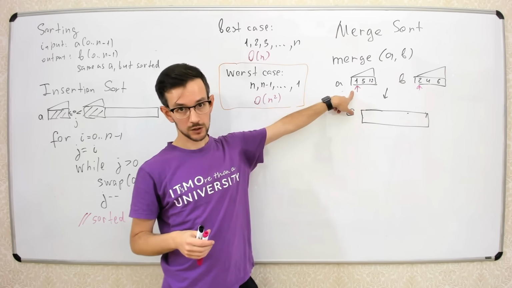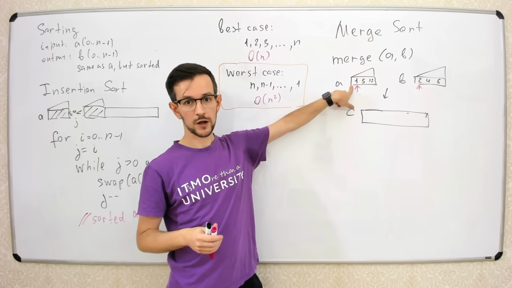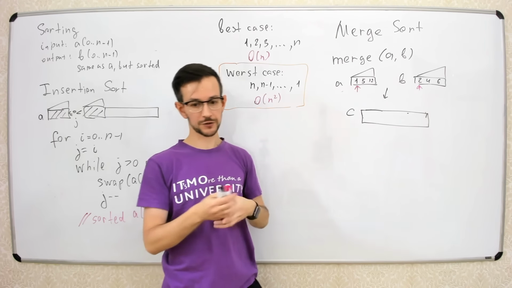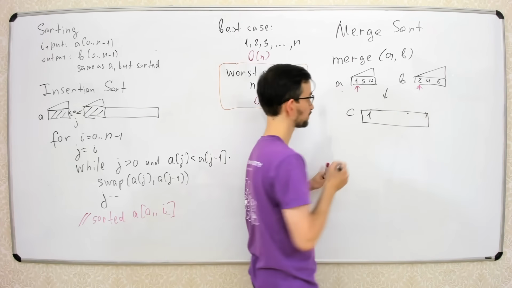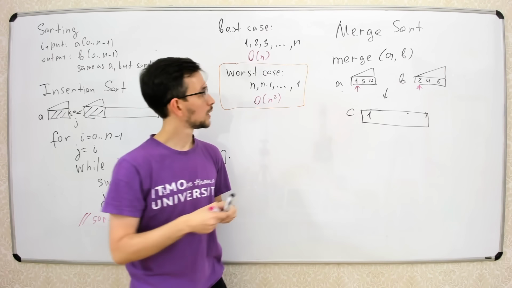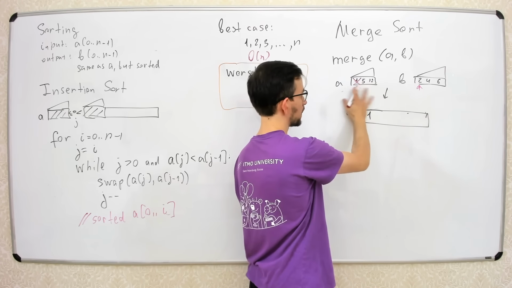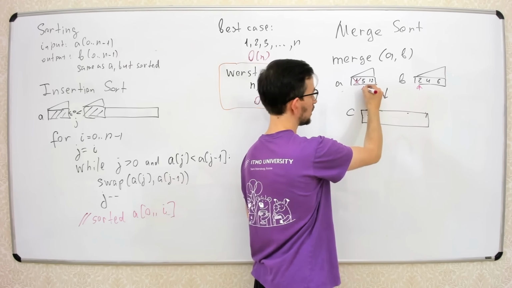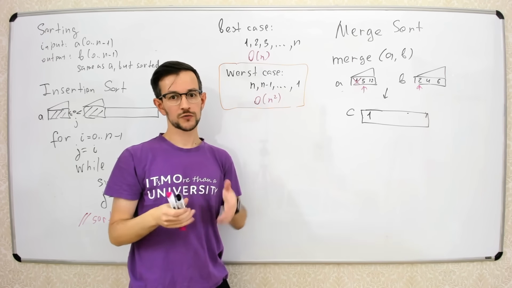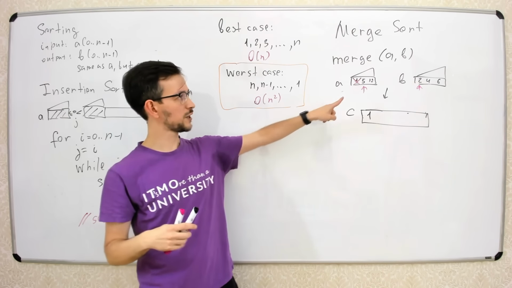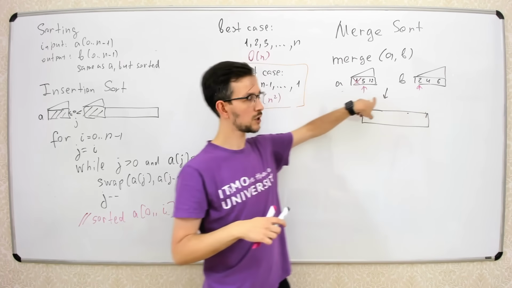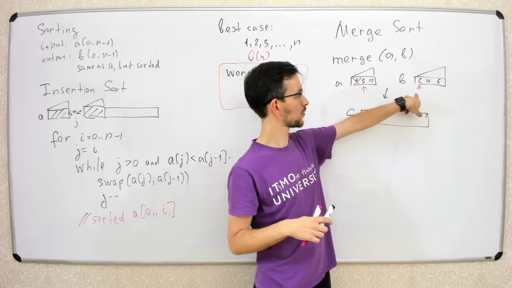It will be 1. We take this 1 and put it in the first position in the result array. Now remove this 1 and do the same again. To find the second element, we need to find the minimum of these two elements. So we take the minimum of 2 and 5.